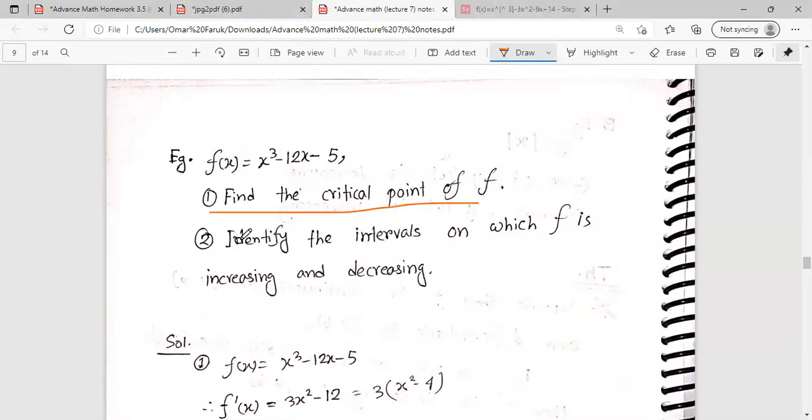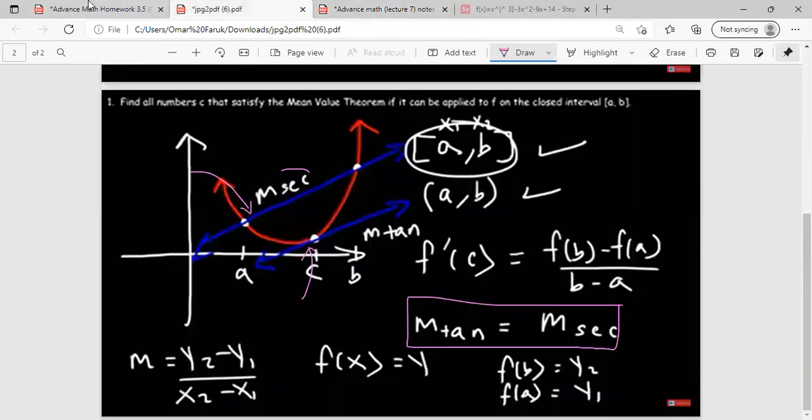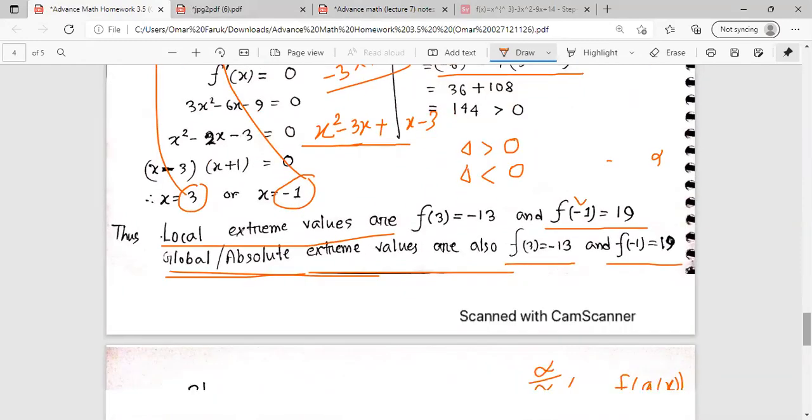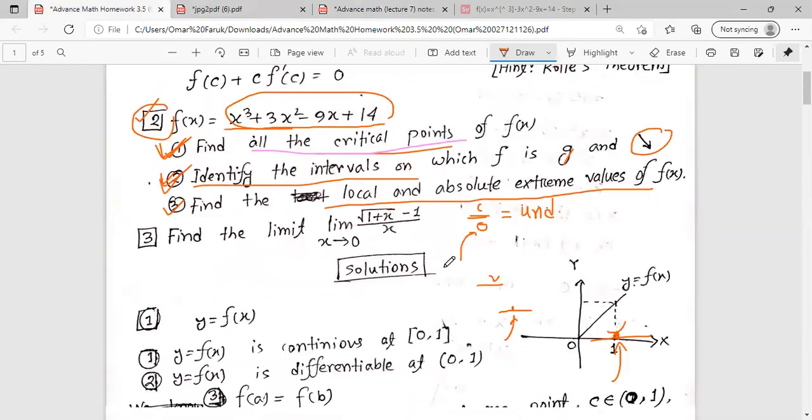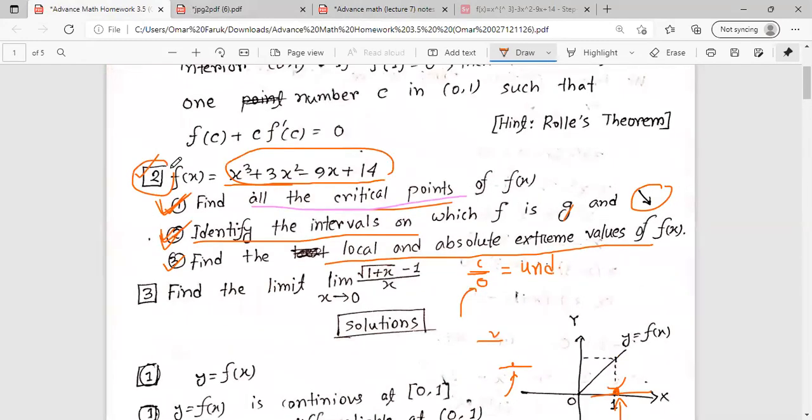Find the critical points of f, identify the intervals on which f is increasing and decreasing. So this one is the same. I mentioned it in the first place, like this function number 2.